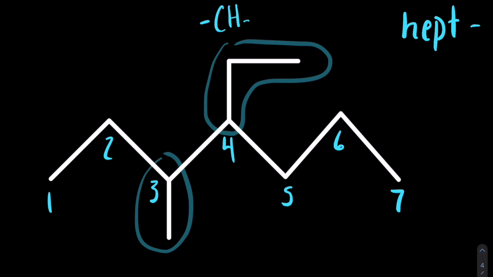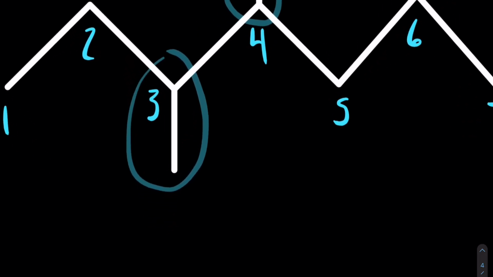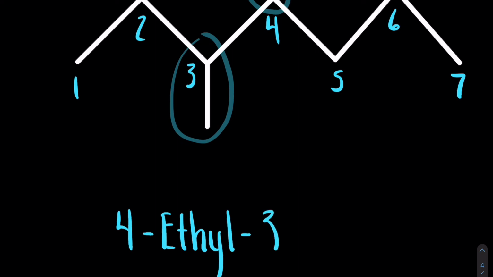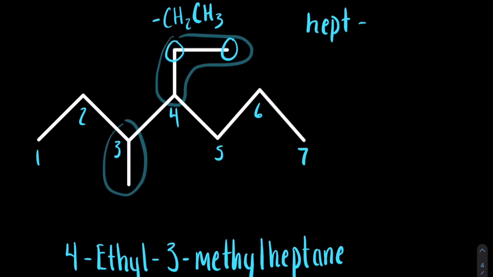We have CH2, CH3. So how do we name this? Go back to the alphabetical rule. So when we name this, it'd be 4-ethyl, because E comes before M, 4-ethyl, 3-methyl, heptane. Heptane because it is 7 carbon atoms in the parent chain.